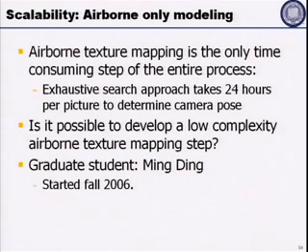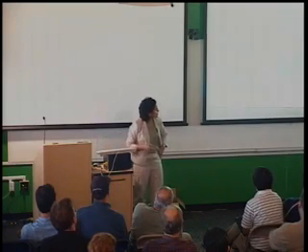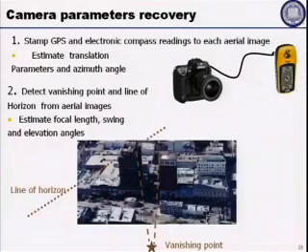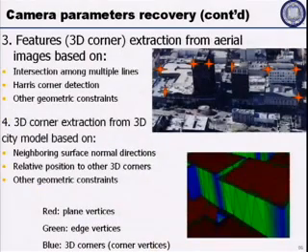So what Ming is working on is methods of developing low-complexity pose estimation techniques for airborne images. The line of thinking that we have is to use an electronic compass hooked up to a camera, take pictures, apply vanishing point kinds of techniques to recover some of the cameras, then do 3D feature matching from the 3D model to the images.